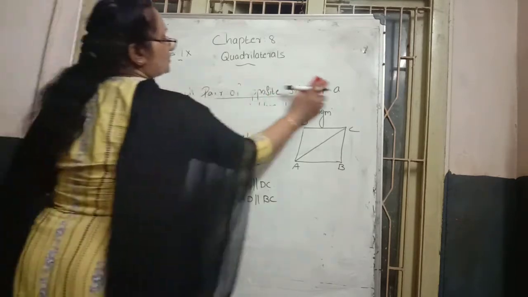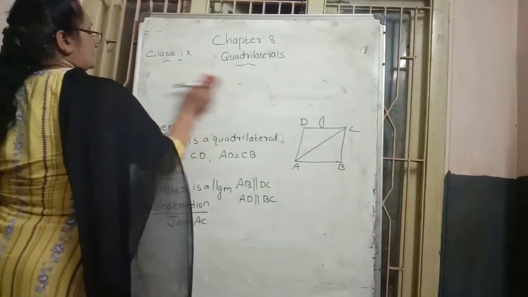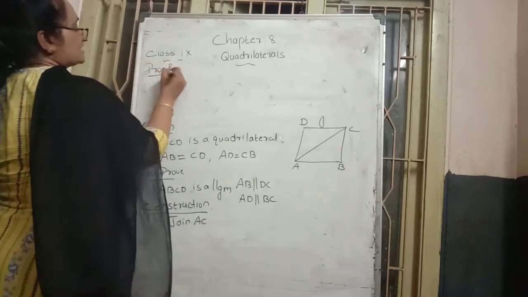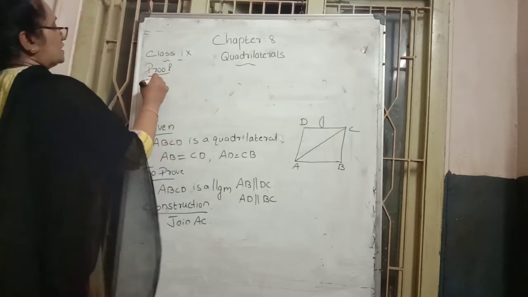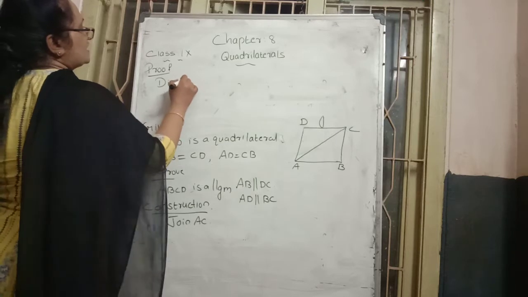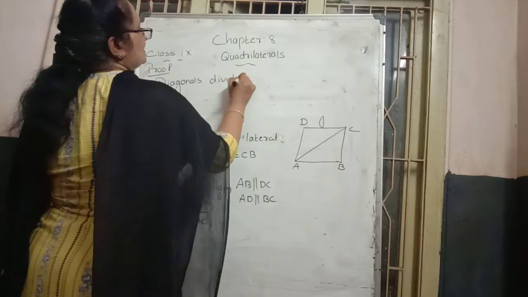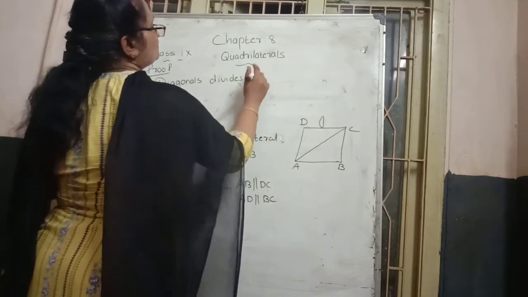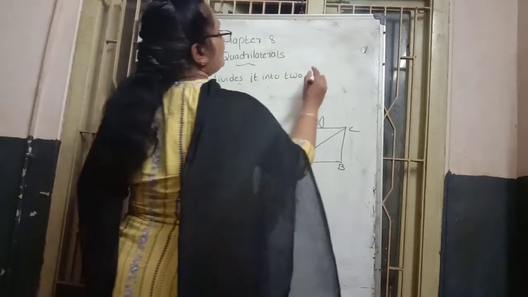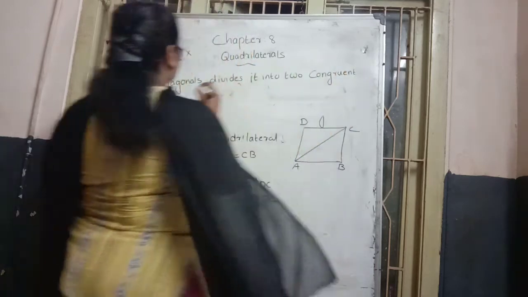Proof. The fourth step is proof. Here we can write the diagonal property: the diagonal divides it into 2 congruent or 2 equal triangles.